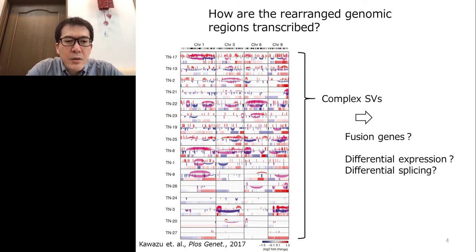These rearranged genomic regions are transcribed, and if they are rearranged, what are the characteristics of the transcripts derived from such rearranged genome? To address these issues, we started the analysis of full-length transcriptome analysis with IsoSeq using long-read sequencer.